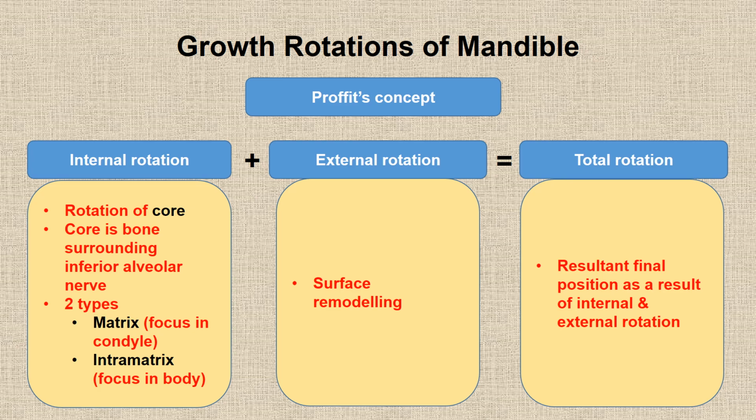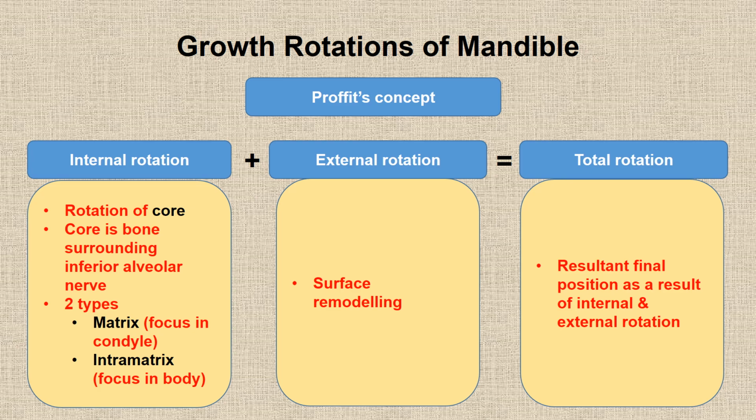Now, Proffit's concept of growth rotations: he classified rotation as internal rotation, external rotation, and total rotation. Internal rotation is rotation of the core of the mandible. Now, what is this core? The core is the bone surrounding the inferior alveolar nerve. There are two types.